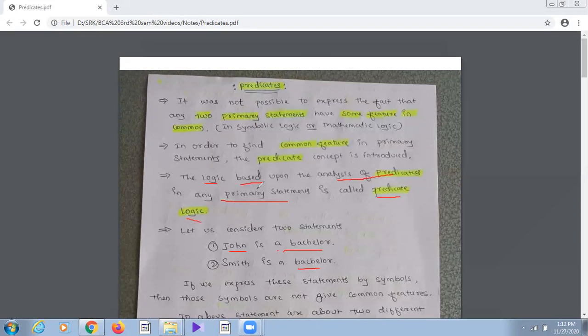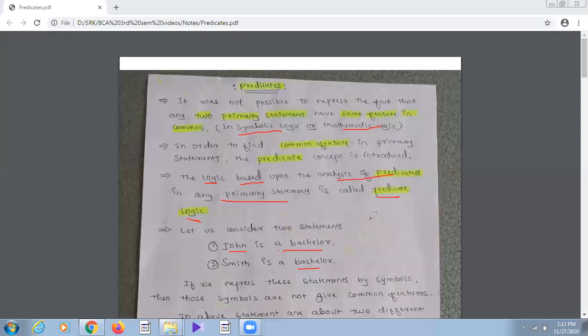Whatever concepts we studied before, symbolic logic or mathematical logic, had no method to identify the common features. That's why in predicate logic we can identify the common feature, and that's why this concept is introduced.